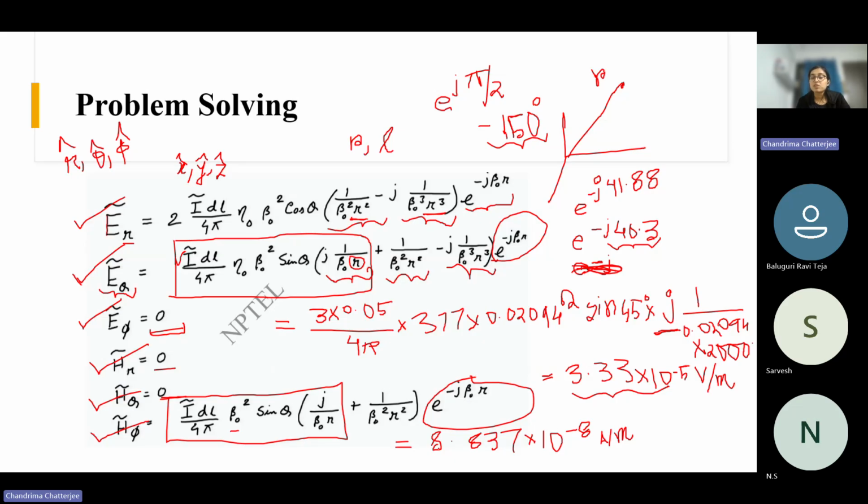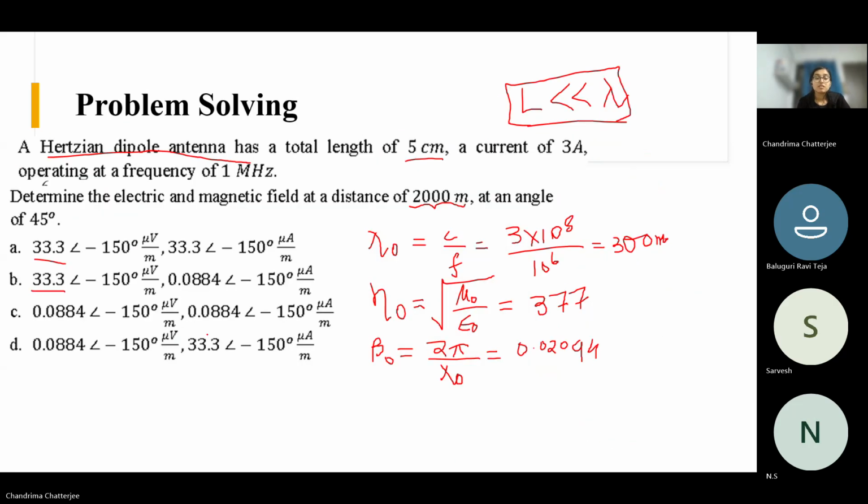So this becomes 0.088 microampere per meter. So option B is the correct option. I hope you understood how we are calculating.